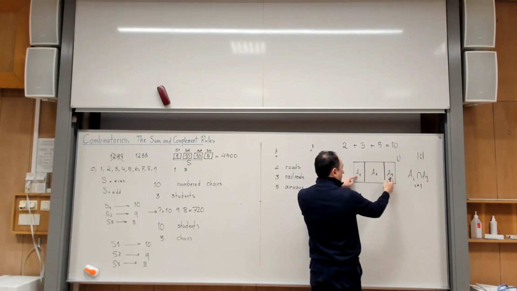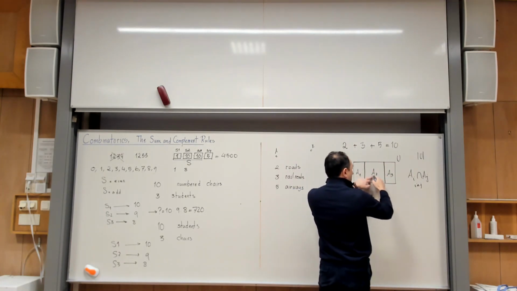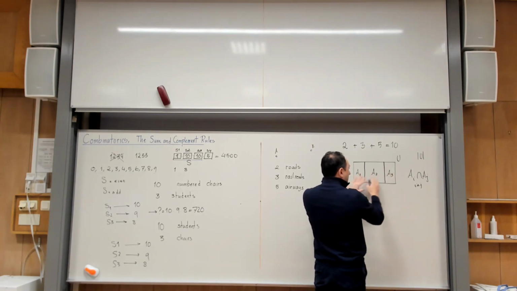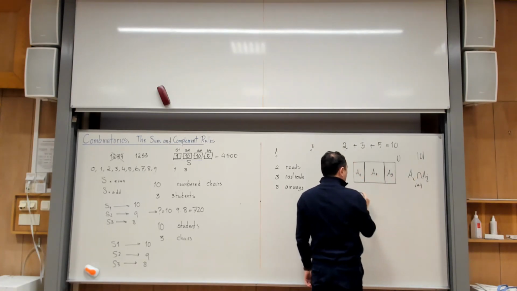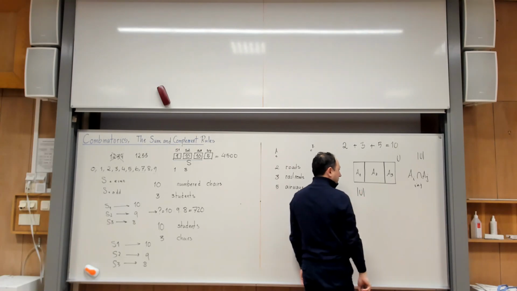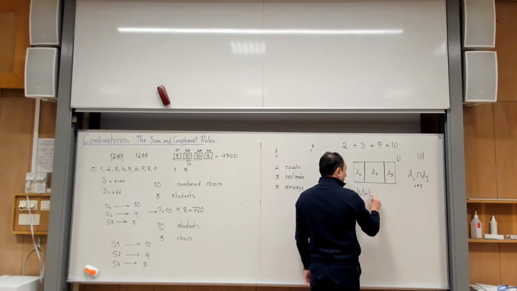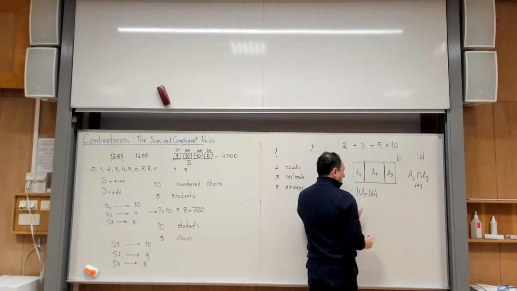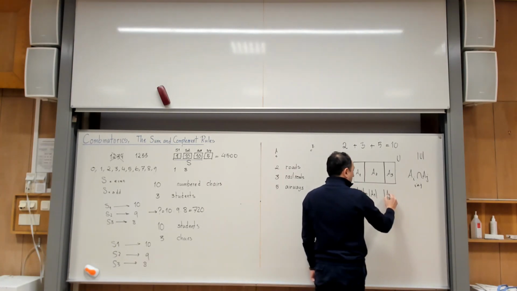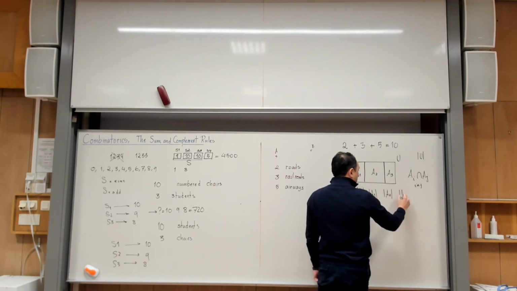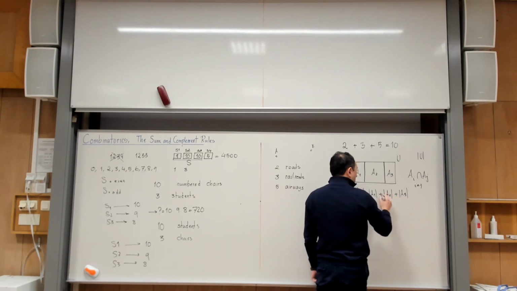Intersection between A1 and A3, nothing. Intersection of A2 and A3, nothing. If this is the case, and still I want to find the cardinality of U, what should I do? I can calculate the cardinality of the first part, the second one, and the third one, and then I add them. Yes? That's the sum rule.